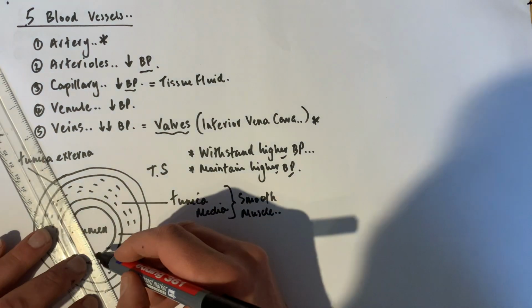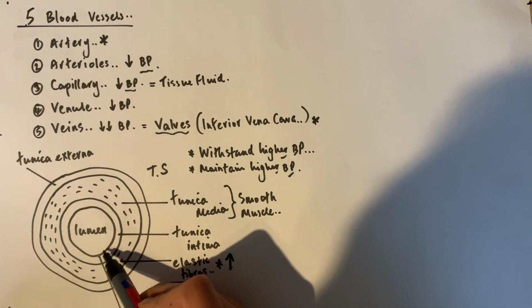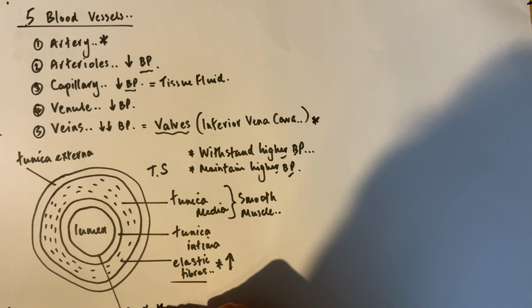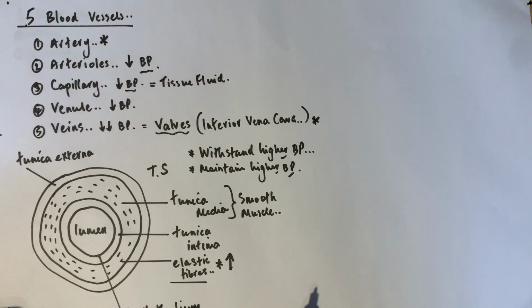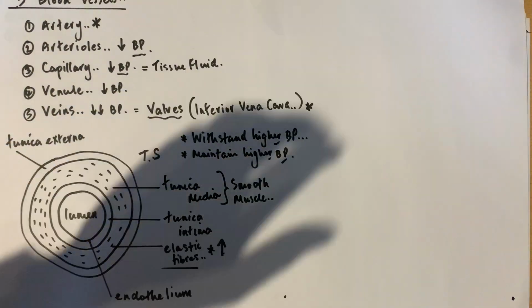Now, the very inside lining of the tunica intima, so this line here, is actually called endothelium. There you go.